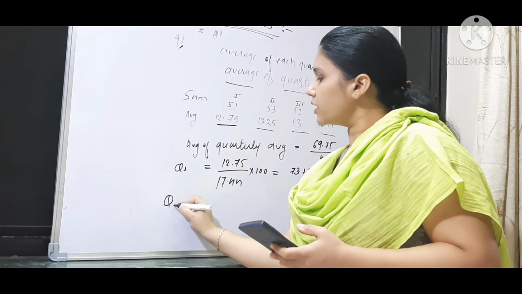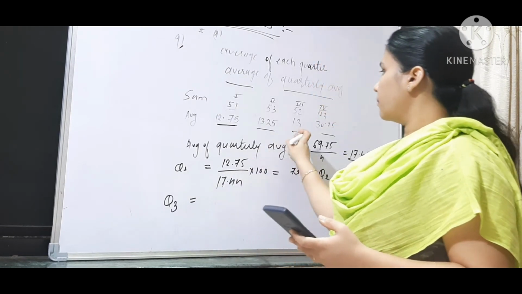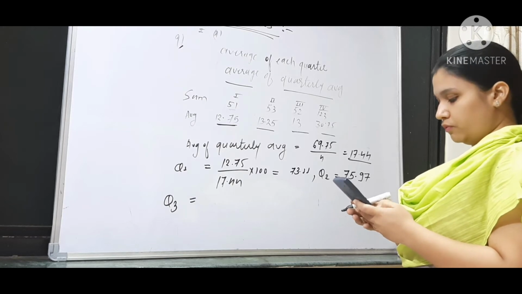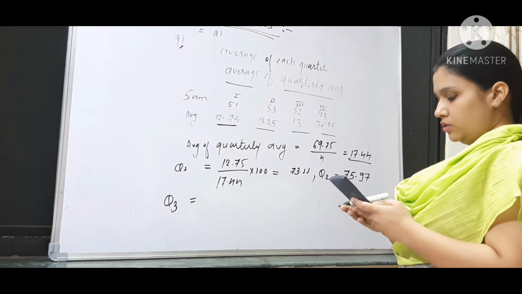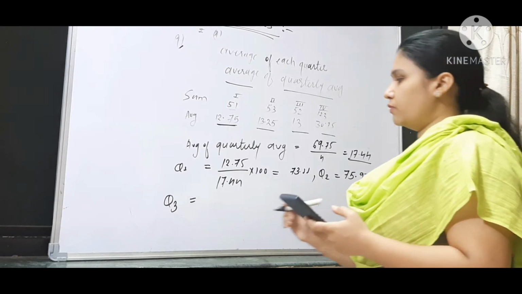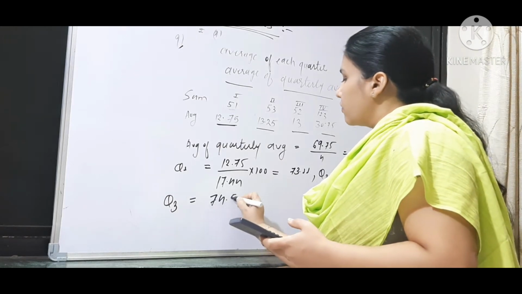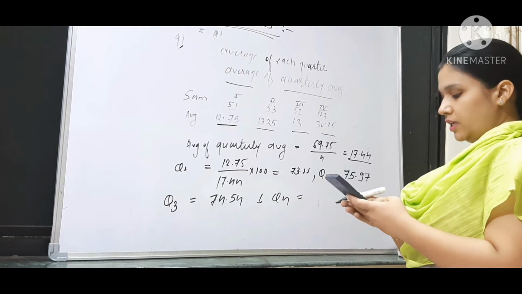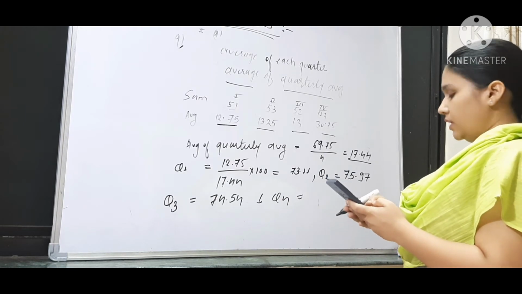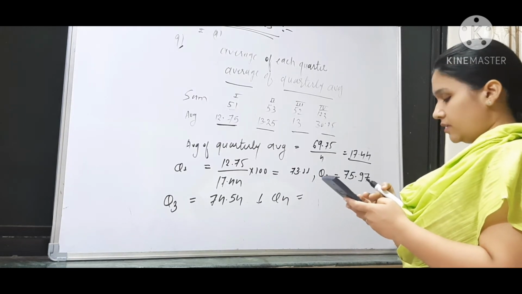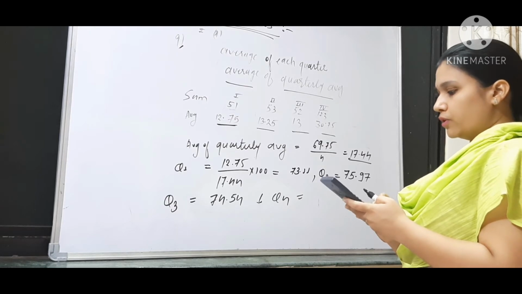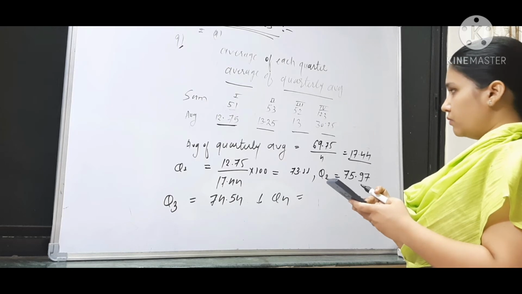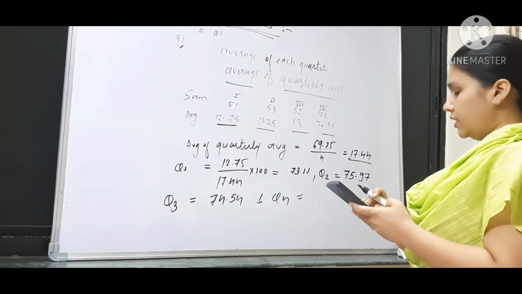For the next quarter Q3, compare the next value, 13 by 17.44 into 100, so 74.54, and for Q4 your index will be 30.75 divided by 17.44 into 100.